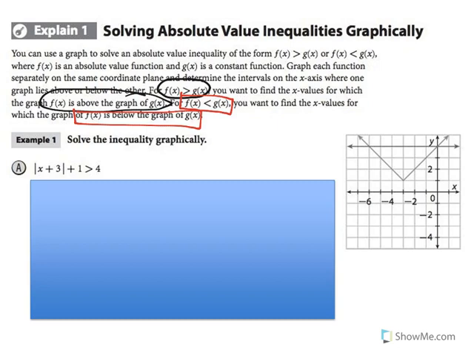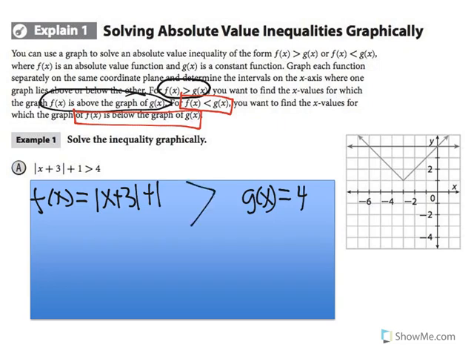Solve the inequality graphically. So we see that f(x) is equal to the absolute value of x plus 3, plus 1, and g(x) is equal to 4. This is greater than, right? The vertex for this is (-3, 1), and the graph is already given to us.